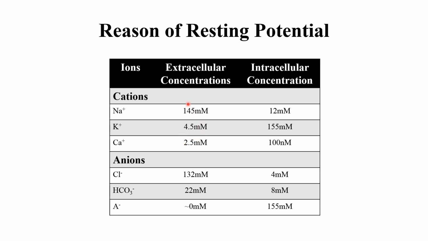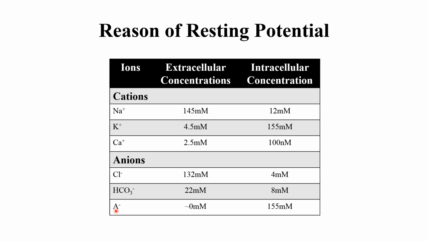So these two generate about equal charge differences along the membrane. It means if we sum them up, there is no charge difference inside and outside of the cell. It is only due to calcium. Calcium is more outside of the cell, making the outside more positive as compared to the inside. Then if we see these negative charges, they are more outside and less inside.